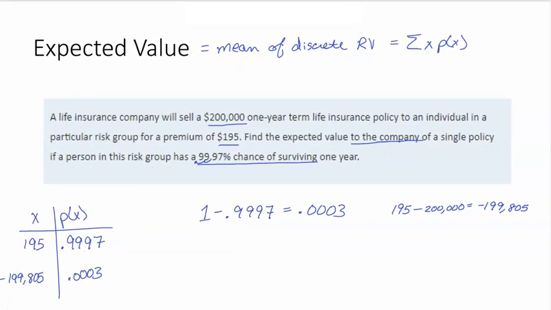So let's find the expected value here. We need to take each X value and multiply it by its probability. So I'm going to create that column. 195 times the probability 0.9997, I got 194.9415. And negative 199,805 times 0.0003, I got negative 59.9415.